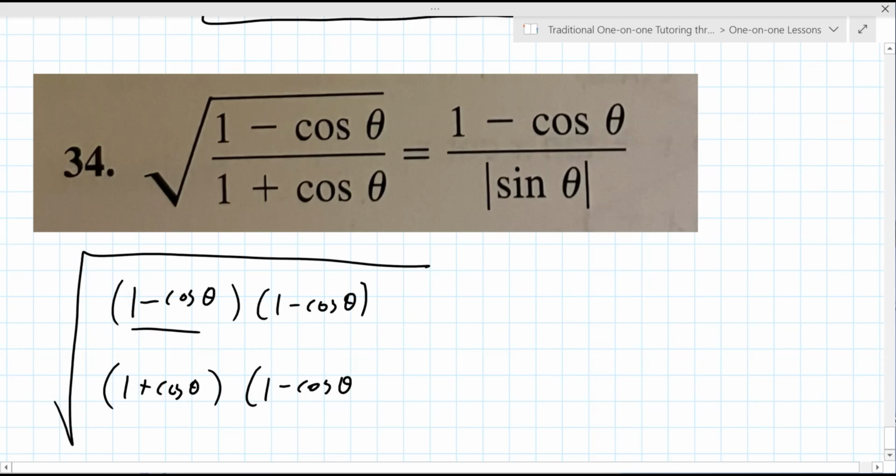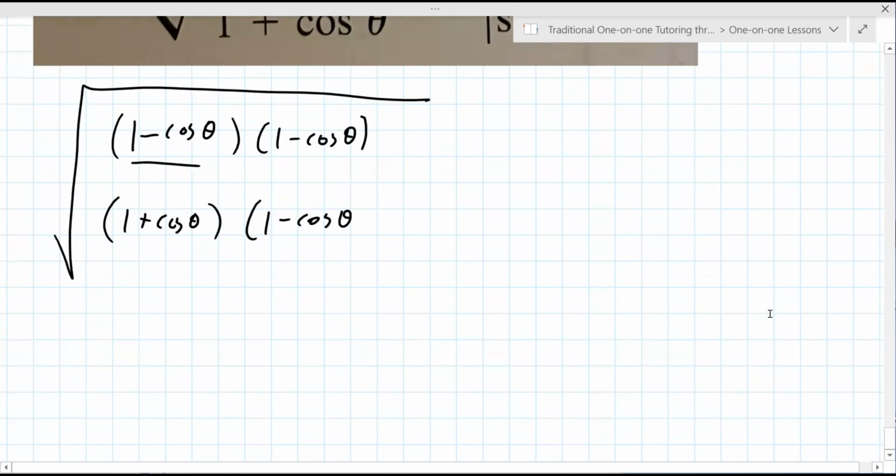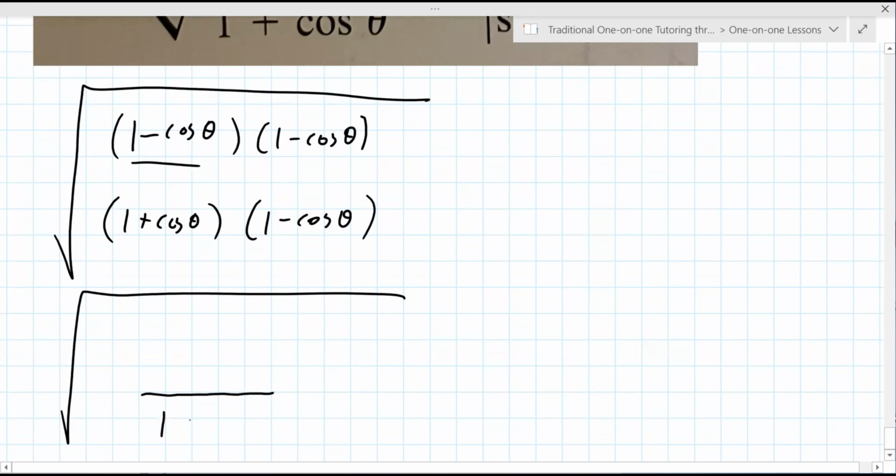So on the bottom, you get your a plus b, a minus b. On the bottom, it becomes 1 minus cosine squared theta. On the top, it's 1 minus cosine theta squared because you get 1 and 1.